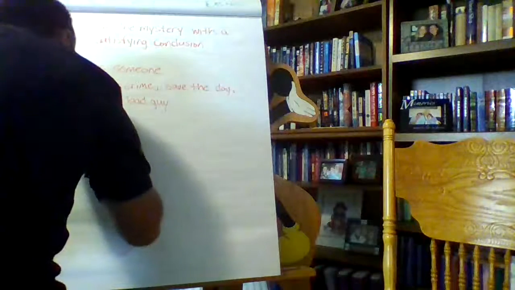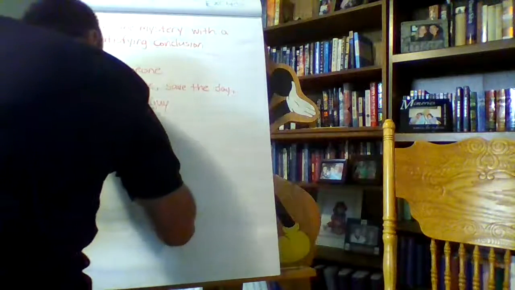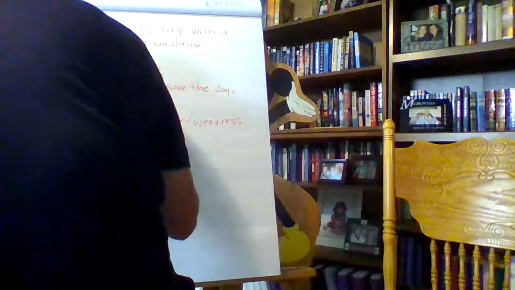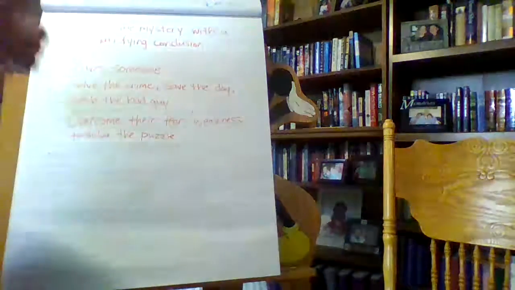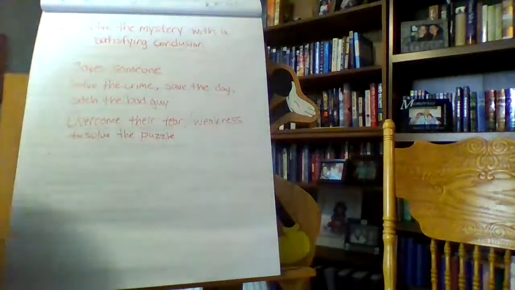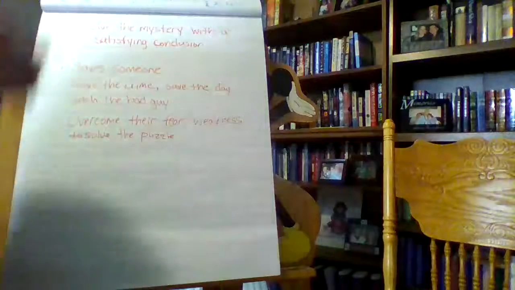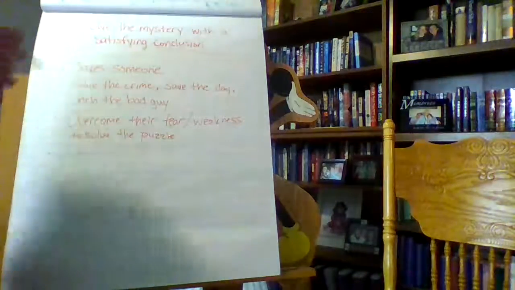So maybe let's say they overcome their fear or weakness to solve the puzzle. So what that means is that maybe your character, whatever they're not good at, they figured out a way to be good enough to use it to help them save the day.